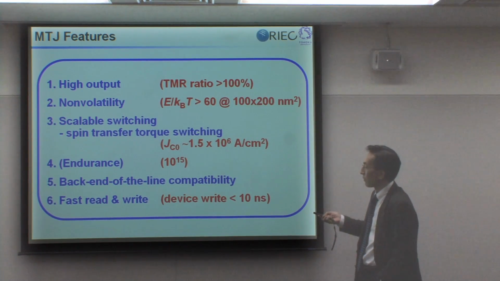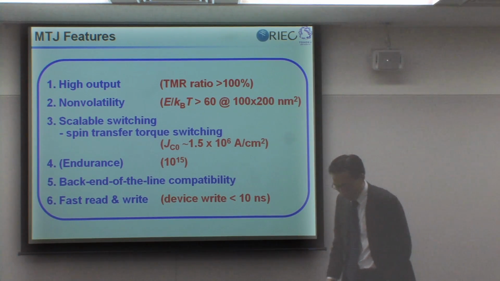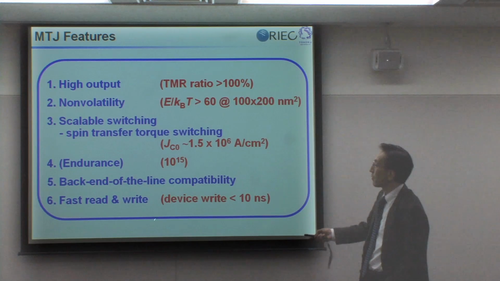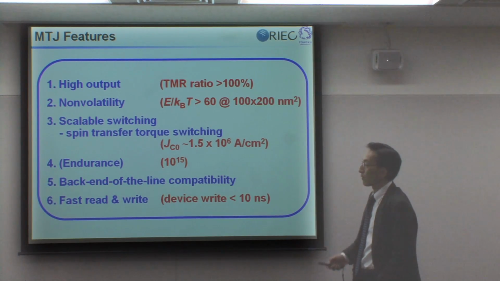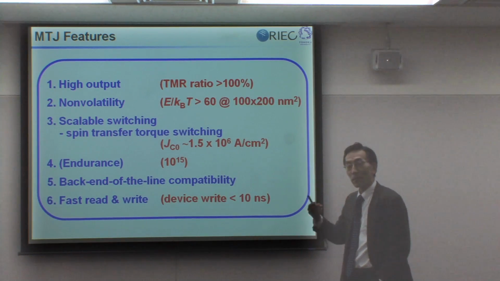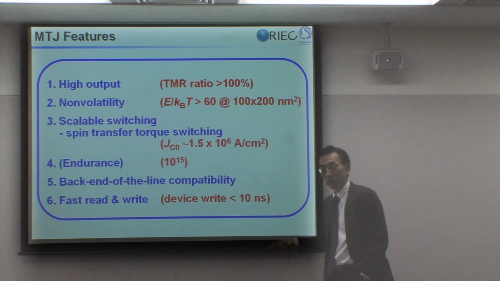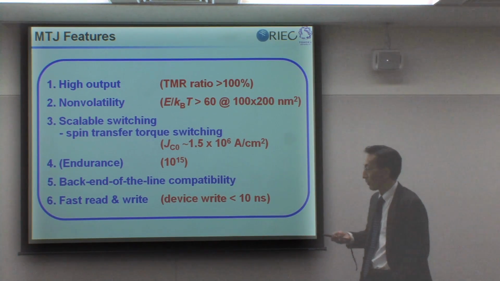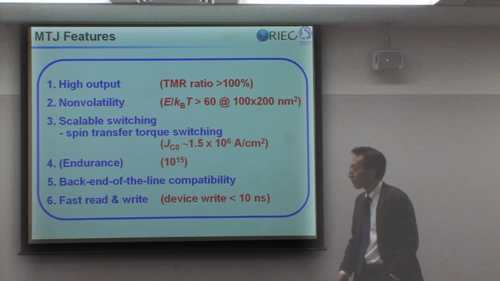FeRAM, it's rather big, and also it cannot scale down with the dimensions. So this is the only non-volatile memory element that you can use with logic elements, logic integrated circuits that I will discuss in the following.